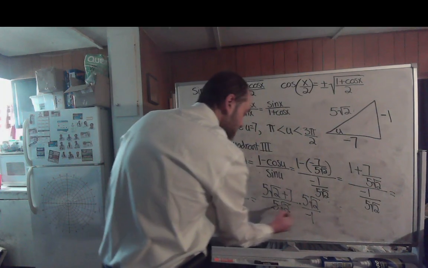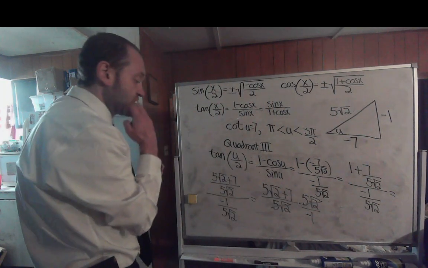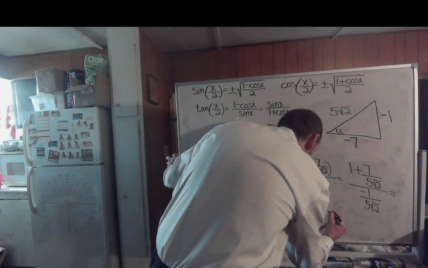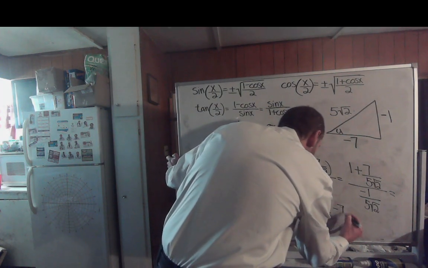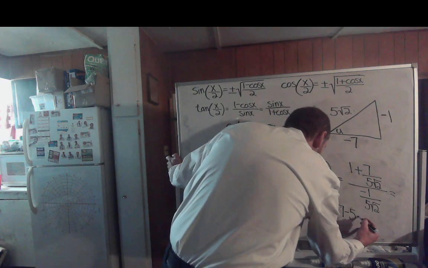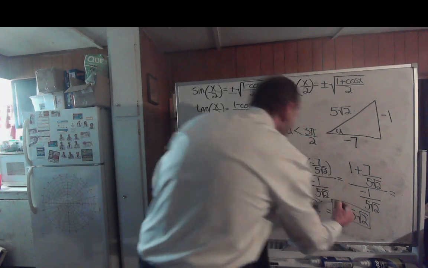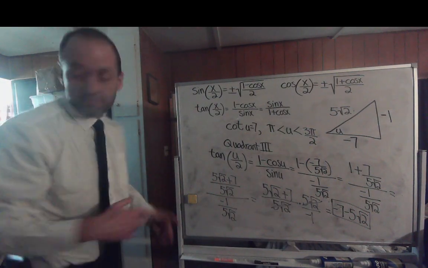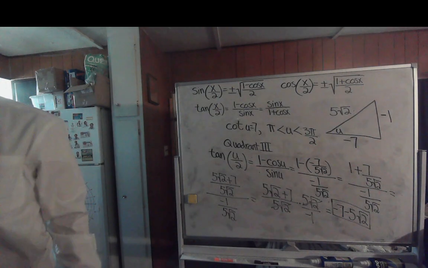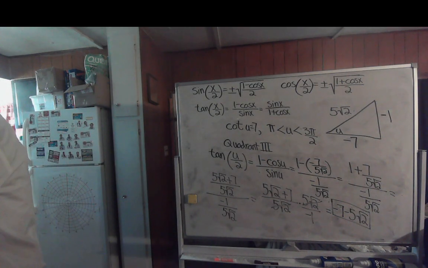Well, good news is at least one set of radicals canceled out. In the end, you should just end up getting negative 7 minus 5 times the square root of 2 for the exact value of the tangent of u over 2. And that makes sense because u over 2 is in the second quadrant.